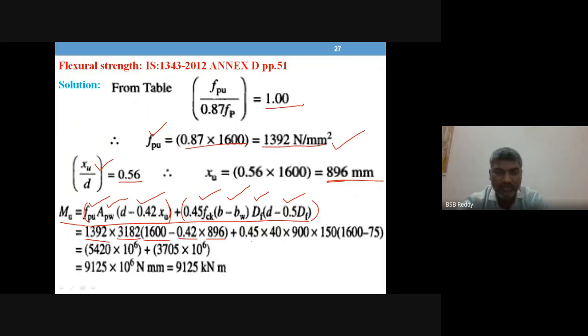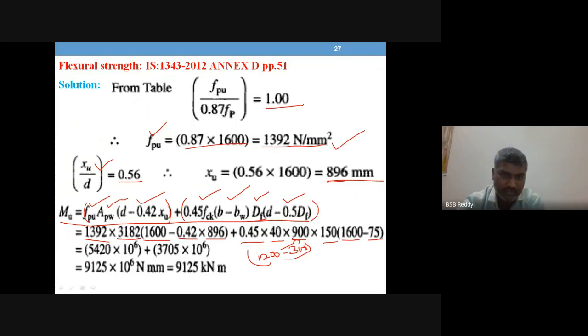Both are added. So 0.45 FCK B minus BW, B is 1200, BW is 300. 1200 minus 300, 900 is substituted. DF, depth of flange 150, D, small d, effective depth minus half of the depth of flange, 150 by 2, 75.